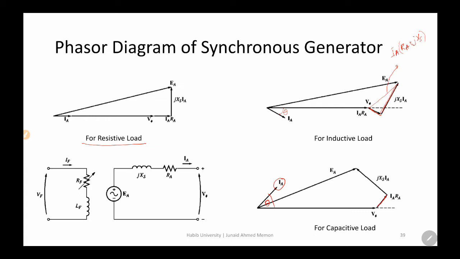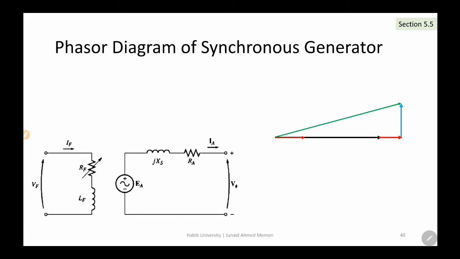Now we want to delve a little deeper and study more of the behavior of this simple circuit for the different cases. In order to study the behavior, we are going to impose some conditions to study how the different loads compare.